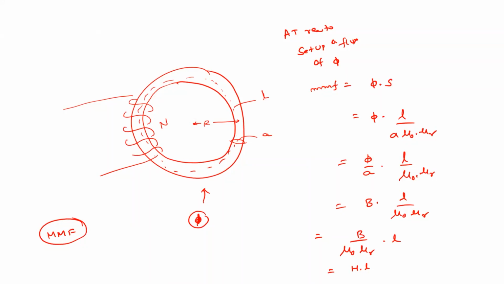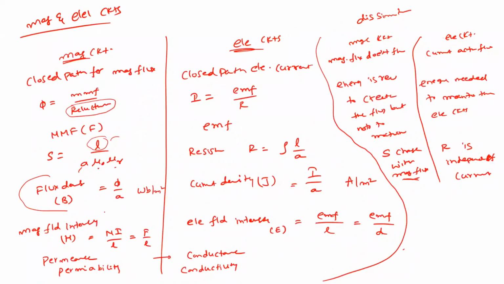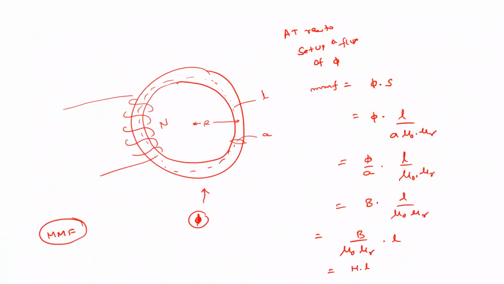So no confusion here: this is flux density B, and this is magnetic field intensity H. So let us assume that this is made up of different elements of different cross sections, something like this.